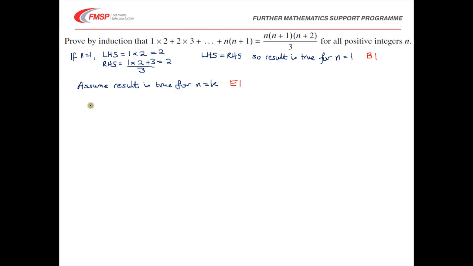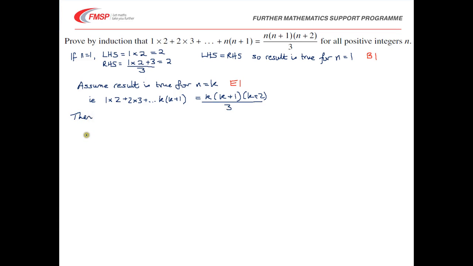So it's truth that we're looking at rather than what n is. Now, it's always a good idea to translate that statement into algebra and say what you actually mean by it. What I mean by it is that 1 times 2 plus 2 times 3 plus all the way up to k times (k plus 1) is equal to k(k plus 1)(k plus 2), all over 3.